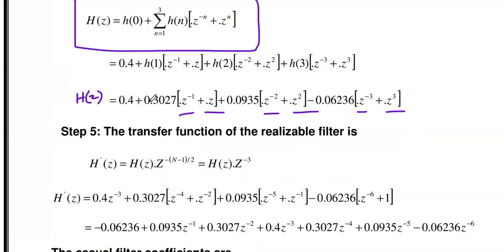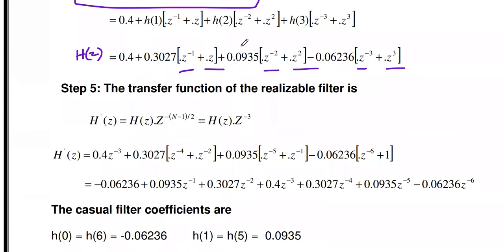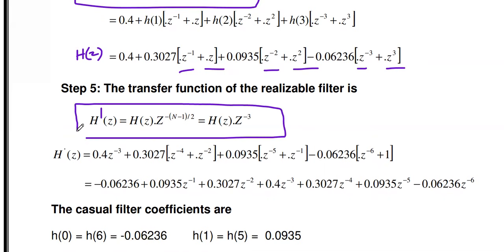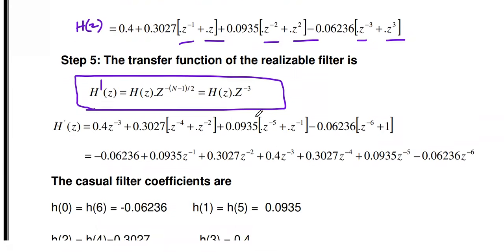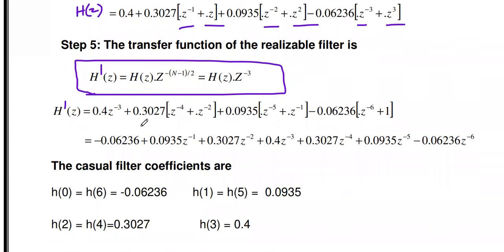So in order to convert the non-realizable filter into a realizable filter, we have to multiply H of Z with Z power minus (N minus 1) by 2. So H dash of Z is equal to H of Z multiplied with Z power minus 3. If we multiply, we get H dash of Z, the realizable filter transfer function, which is this one.